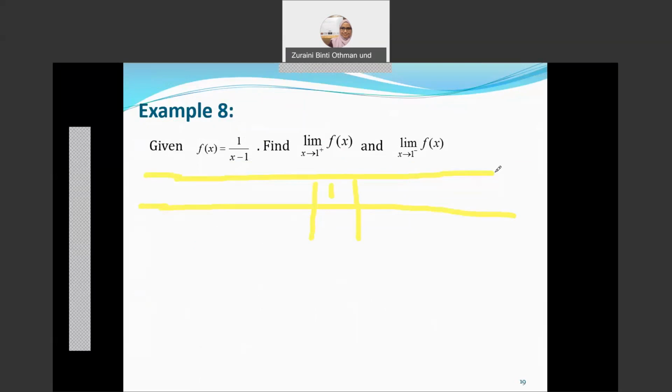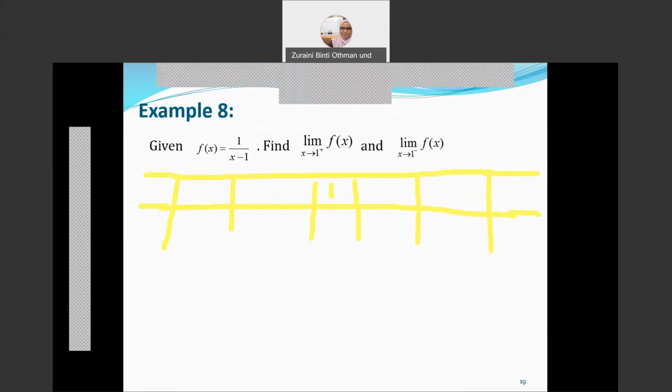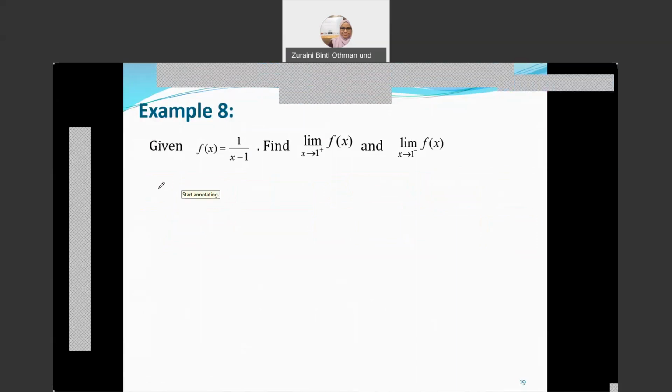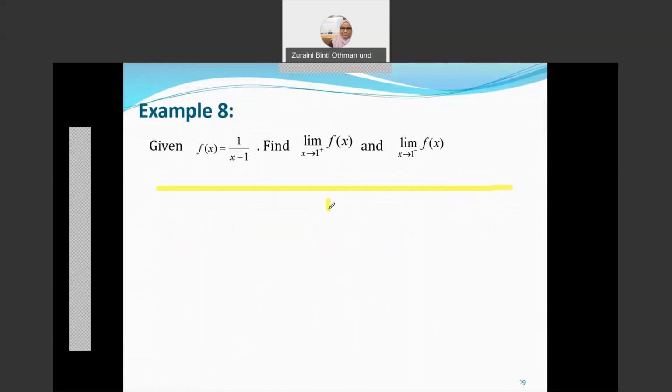So then kita nampak dia punya pattern. Untuk 3 value ni menghampiri 1 daripada sebelah kiri. Kat sini saya ambil value dia ialah saya kena lukis balik ke ni. Okay, lukis balik lah. Okay, so sekarang kat sini nilai 1.